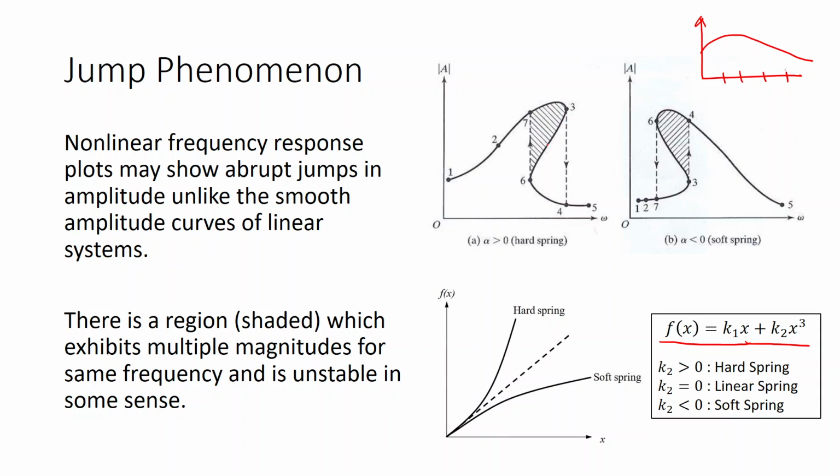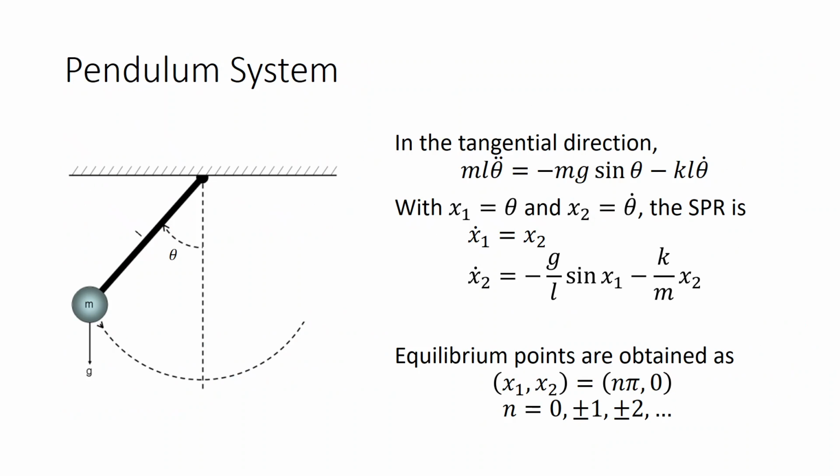This is for the hard spring, and another is for the soft spring. Here also you have this jump from 3 to 4, then you go to 5, and when you come back from 5 to 4, then to 6, so you don't go from 4 to 3, you go to 6, and then from 6 to 7 you go, and then again come back. So this is the jump phenomenon.